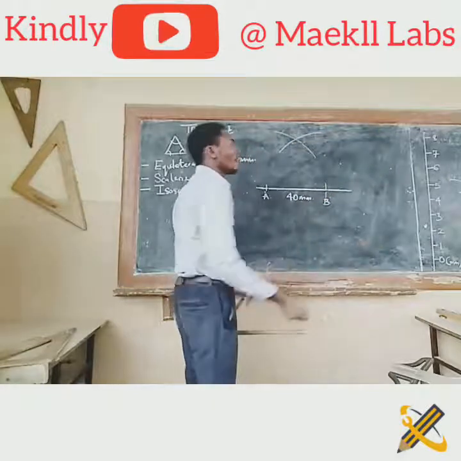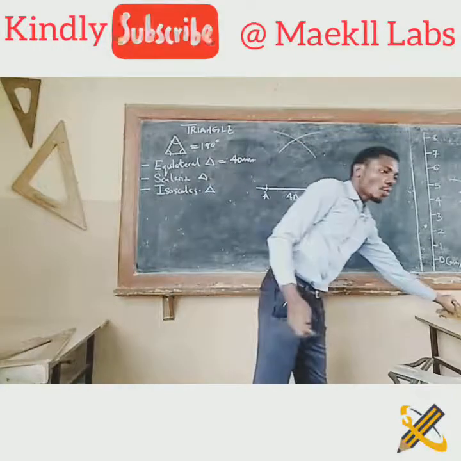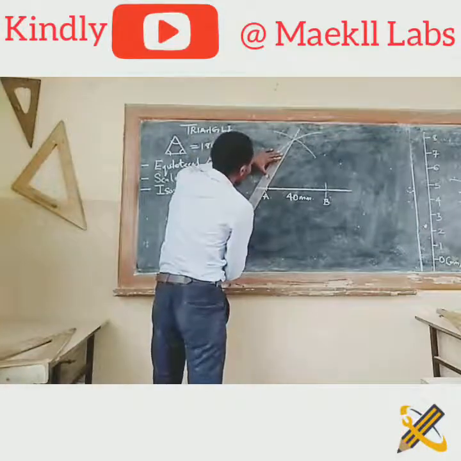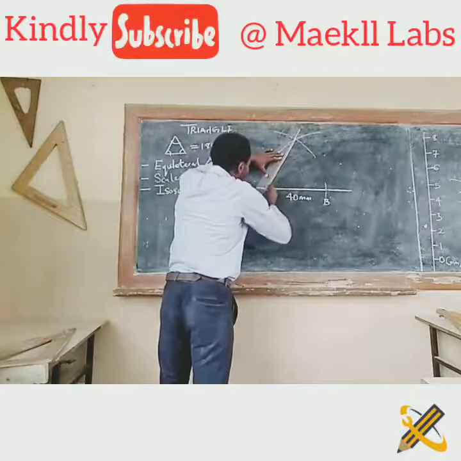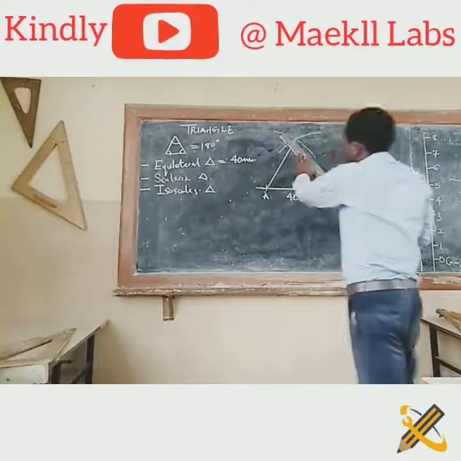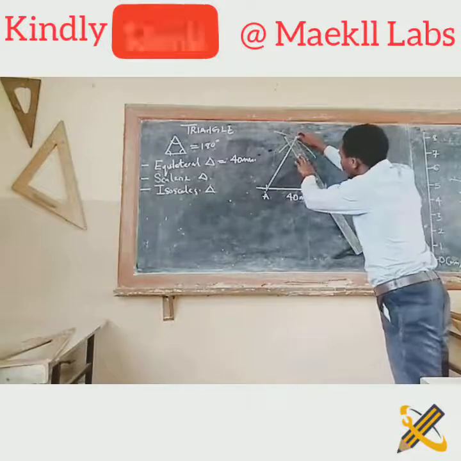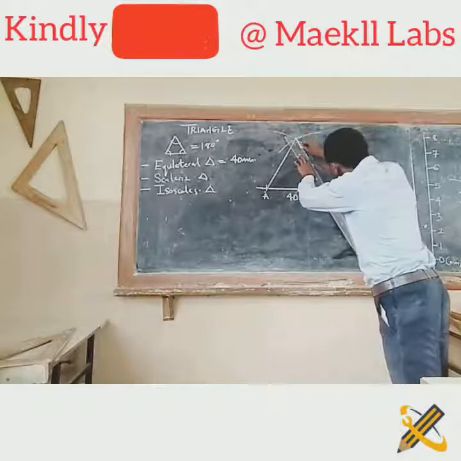You can see we have an intersection here. This point of intersection, I'm going to join to my point A and point B. Can you see? One, and two.